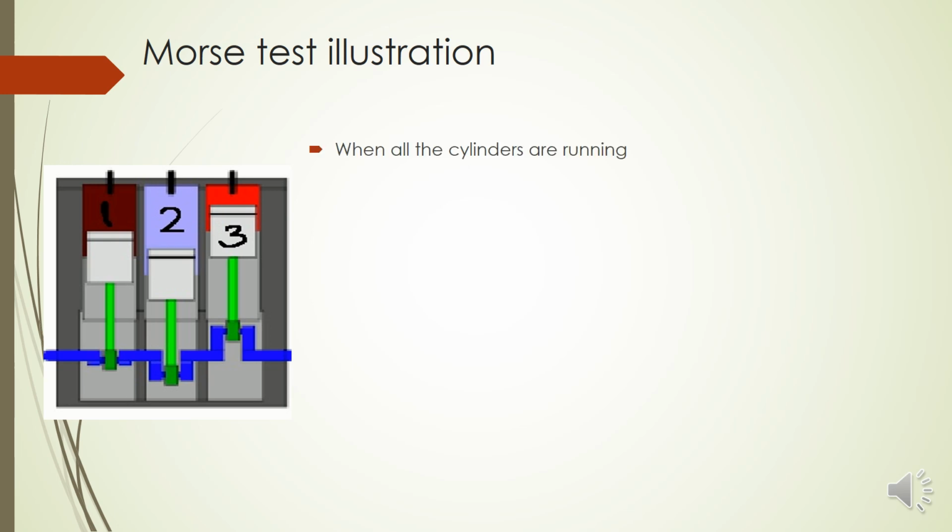Now when all the cylinders are running at rated speed, what will be the equation? We are measuring the brake power. This BP total represents that all the cylinders are running. We are measuring the brake power either through a dynamometer or some arrangement. So brake power by running all the cylinders is BP total.